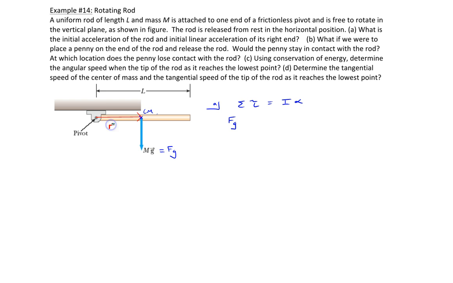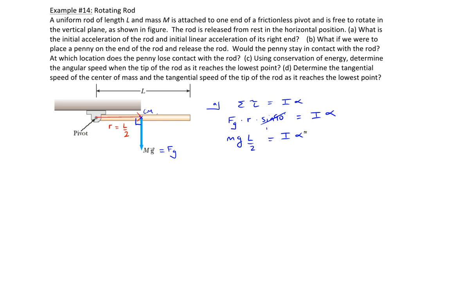So that is the radius of this turn, r, which will be equal to half of L. So the torque would be the force multiplied by the distance r multiplied by the sine of the angle between the arm and the force, which is 90 degrees in this case. So sine of 90 degrees is 1, and this is equal to I times alpha. So we can replace the force of gravity with mg, and we can replace r, the radial distance, with L over 2, and that's equal to I times alpha.